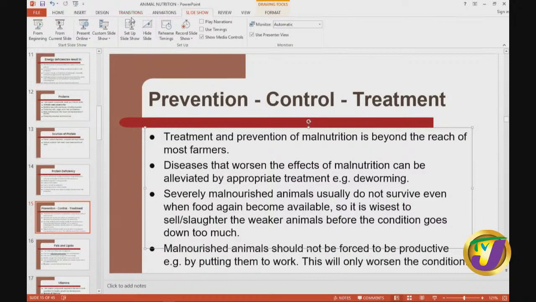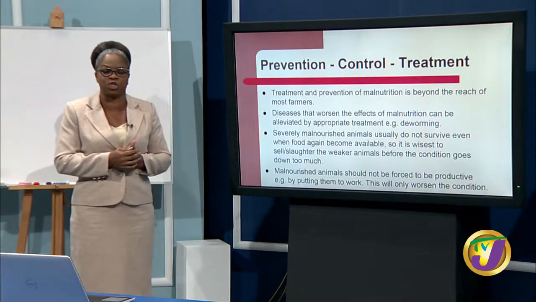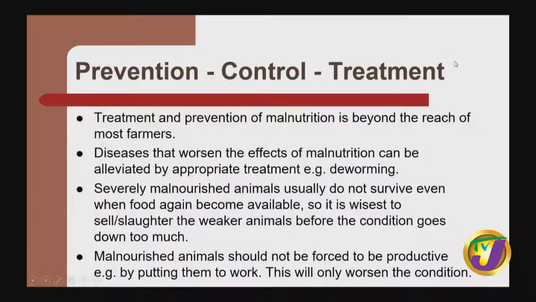Because we're unable to correct severe malnutrition, students, it means that as farmers we need to sell those animals or slaughter them once they become very weak, because the condition will worsen and the animals will go further down. Also, once the animal becomes malnourished, the animal should not be forced to be productive, for example by putting them to work, because this will only worsen the condition.